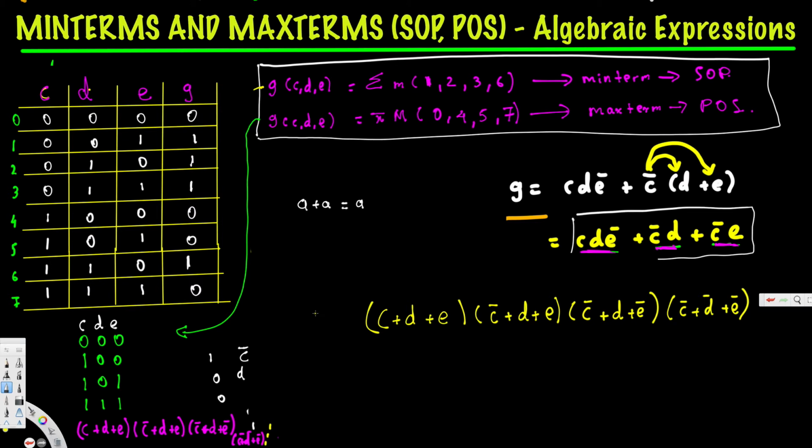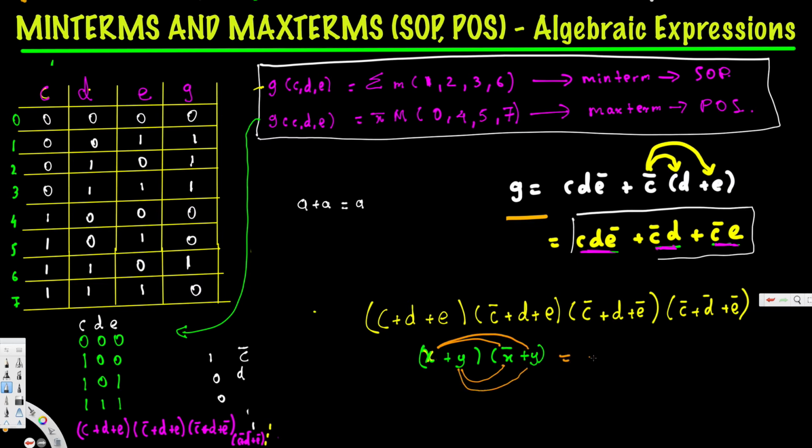Now we can simplify this one furthermore. To do that, we have to remember one thing. We have to remember a rule that says when we have x plus y and x bar plus y, that is equal to y. Let's go ahead and prove that one first. In order to prove that one, I have to FOIL it first. FOIL means we multiply this one with this one and this one with this one.